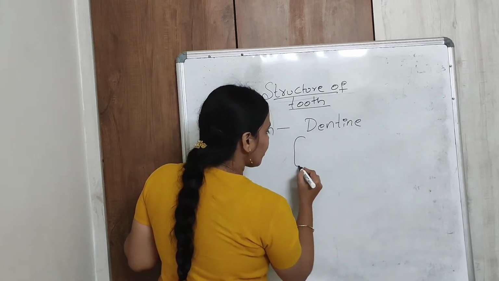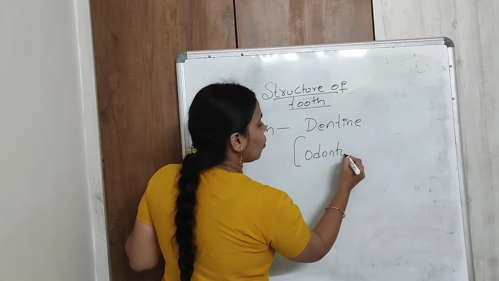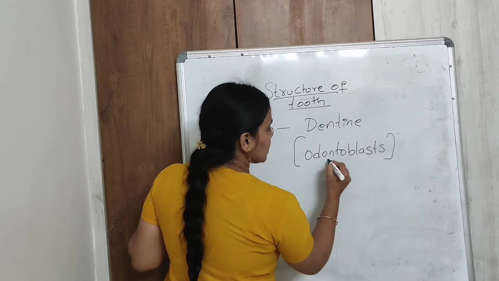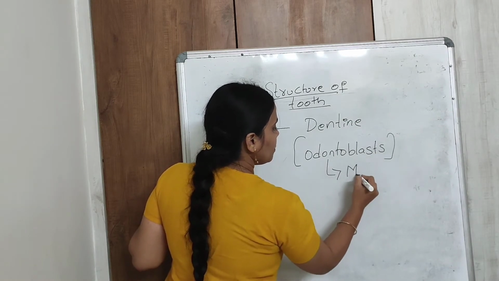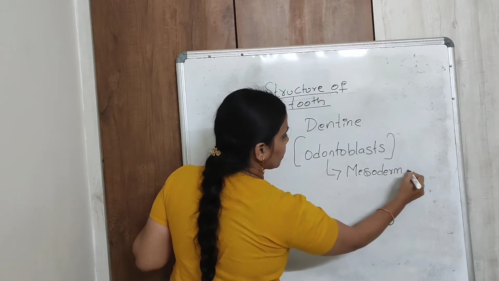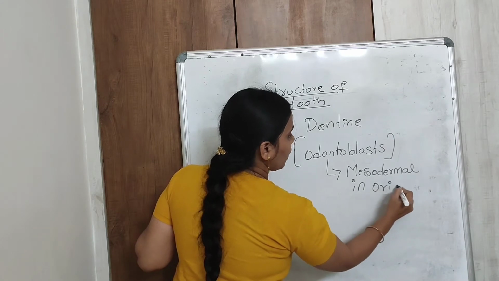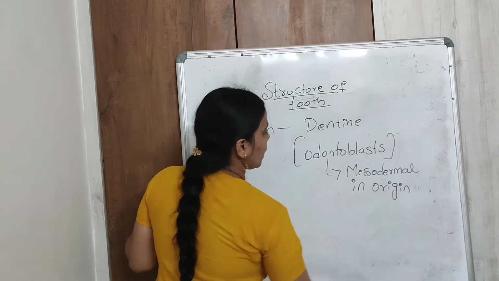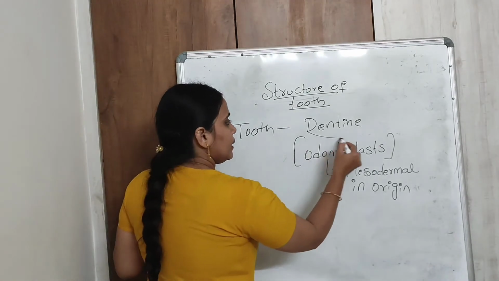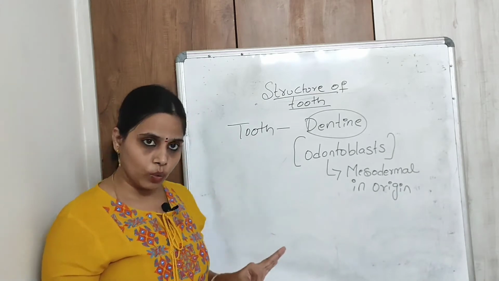This membrane is secreted by odontoblasts. The odontoblasts are mesodermal in origin. Right. Now I said dentine is present on the crown, neck and root.